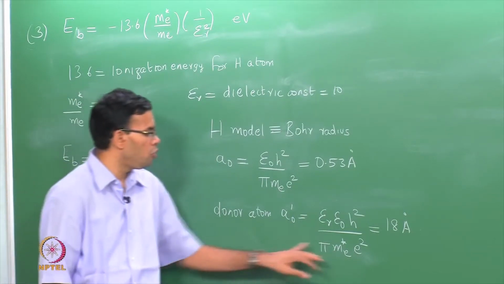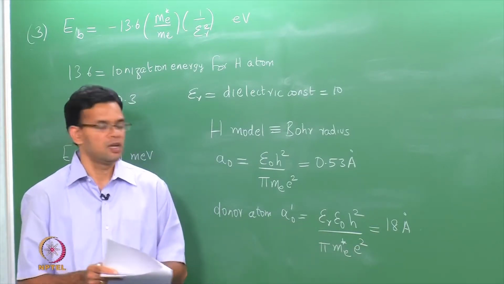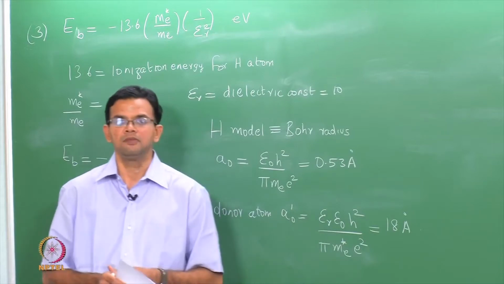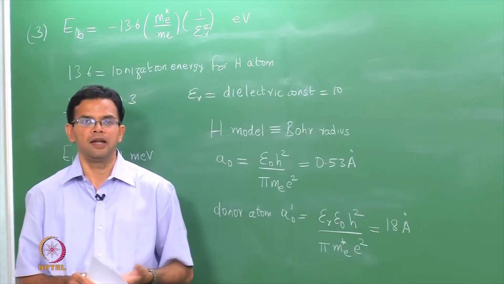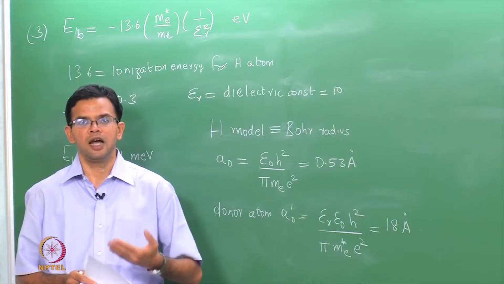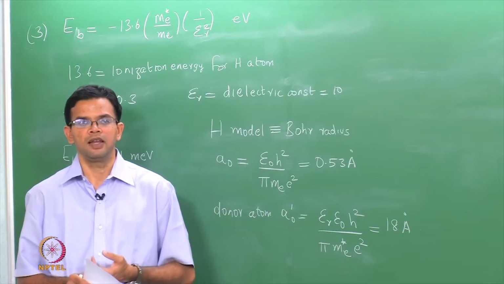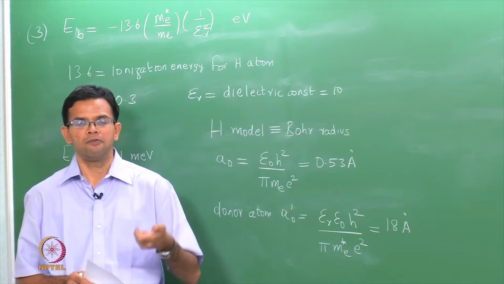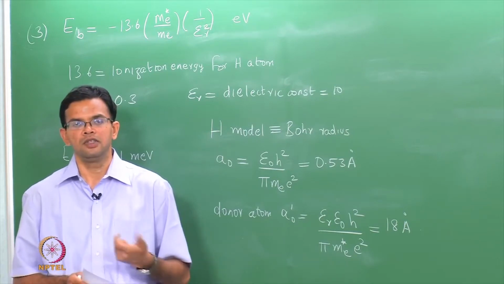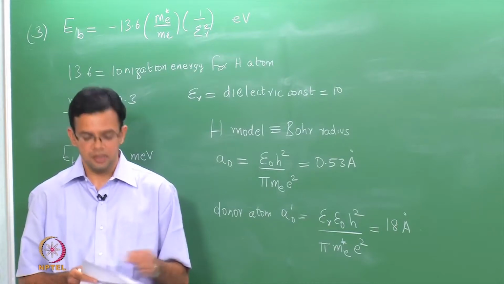When the distance between two donors becomes less than 18 angstroms, they will start to interact and form a band. At these high concentrations, donors form, instead of single atomic levels, a donor energy band which can then overlap with the conduction band. These types of semiconductors are called degenerate semiconductors.